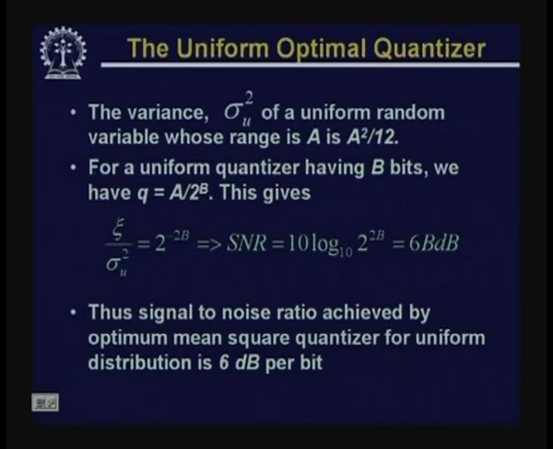So, there are some more observations on this linear quantizer. The variance sigma u square of a uniform random variable whose range is a is given by a square by 12.